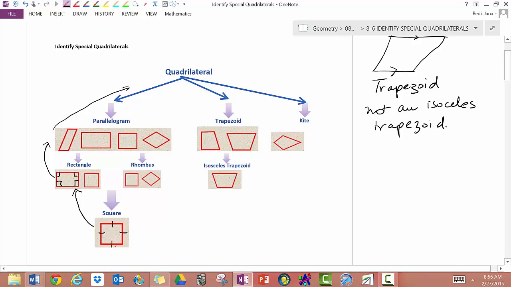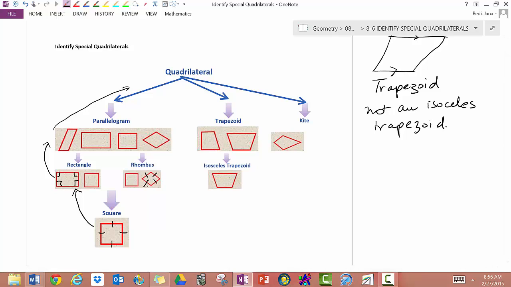Let's look at the parallelogram again. A parallelogram can sometimes be a rectangle and sometimes it can be a rhombus. When it has four right angles, it is a rectangle. When it has four congruent sides, but you don't know what the angle measures are, then it is a rhombus.